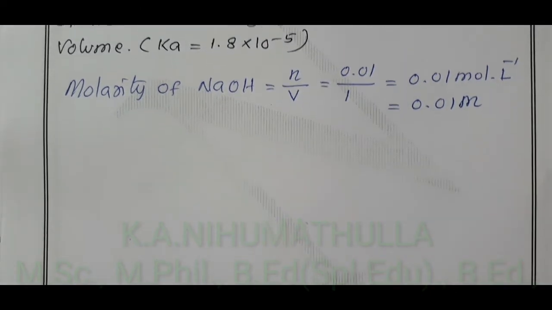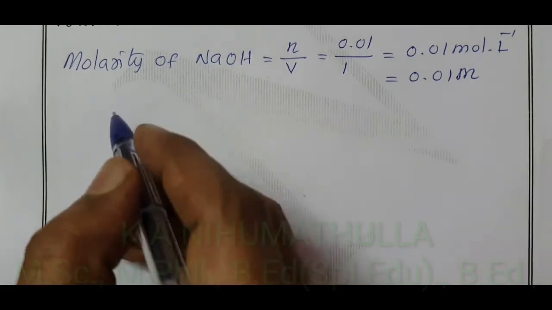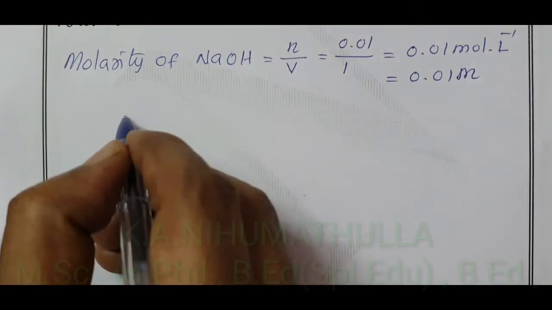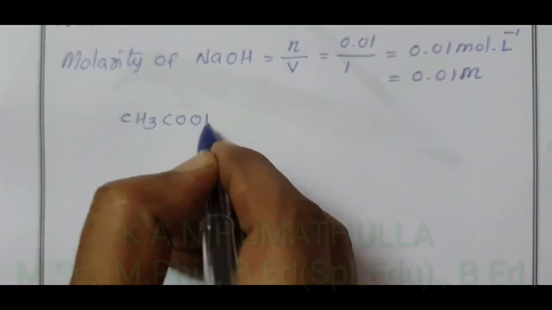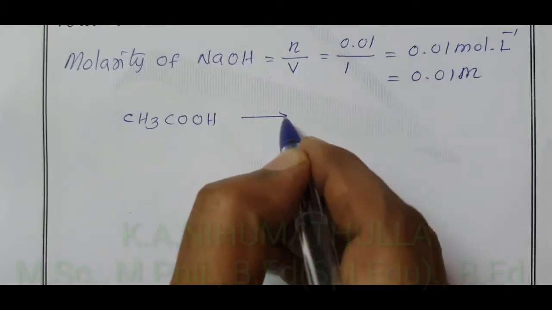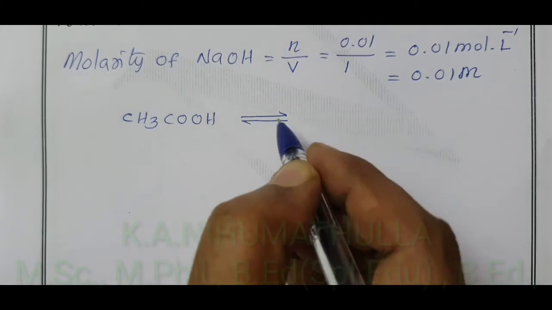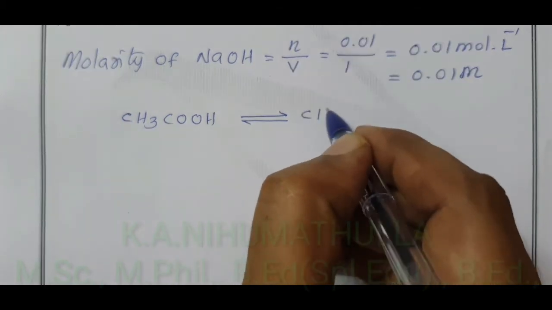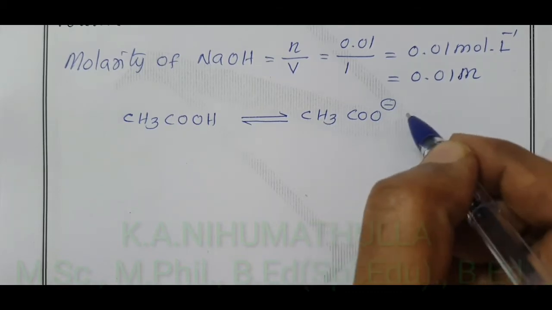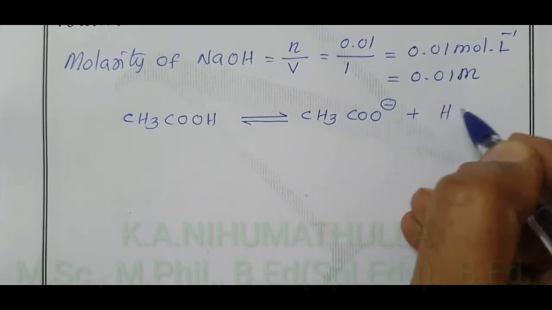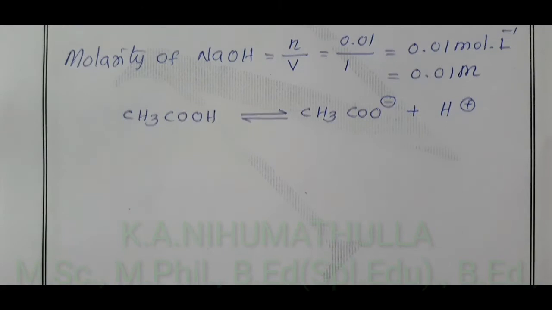Now I am going to write the buffer equation for weak acid, acetic acid CH3COOH, also called ethanoic acid. Weak acid undergoes partial ionization and gives CH3COO minus ion, acetate ion, and H plus ion.